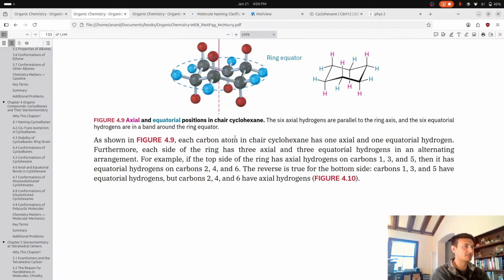Oh, on each side there's three axial and three equatorial.